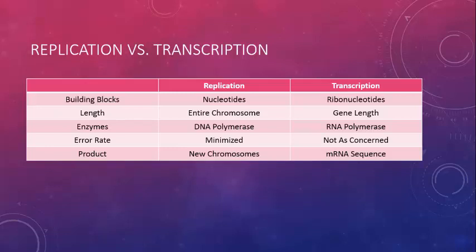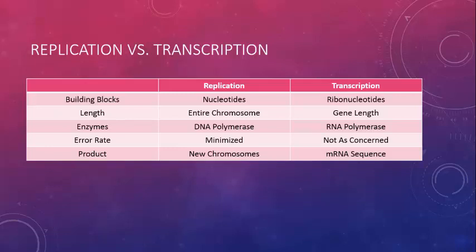In DNA replication, the entire chromosome is duplicated, while in eukaryotic transcription, only one gene is transcribed into mRNA. These genes can be copied again and again, one after the other, depending upon the demand for the product of the gene.